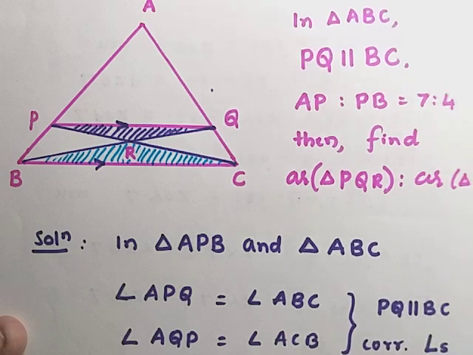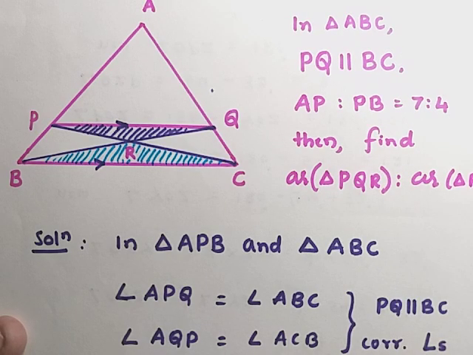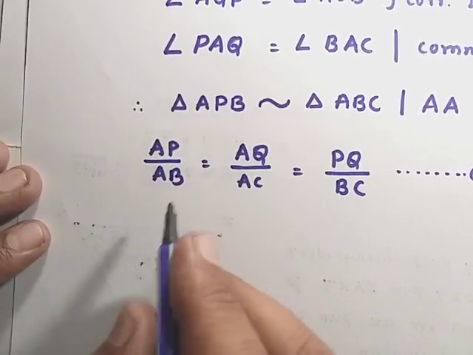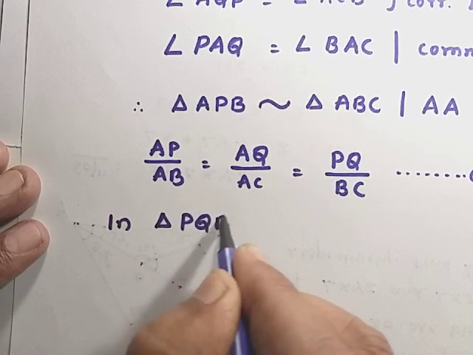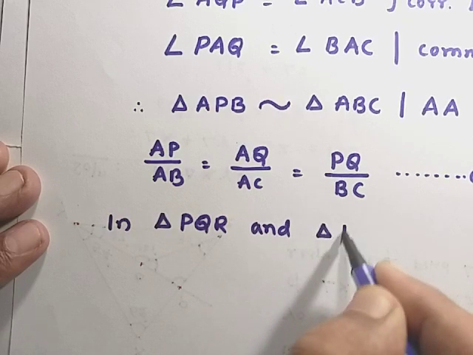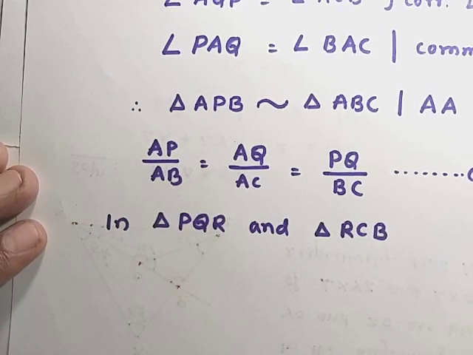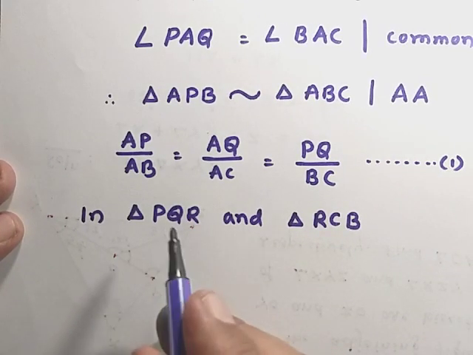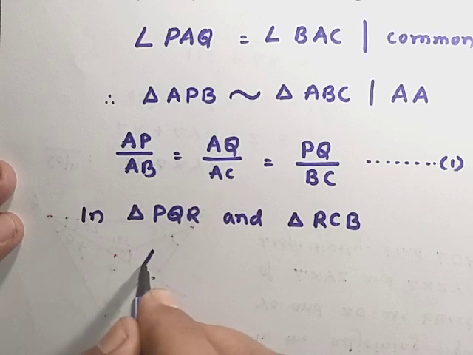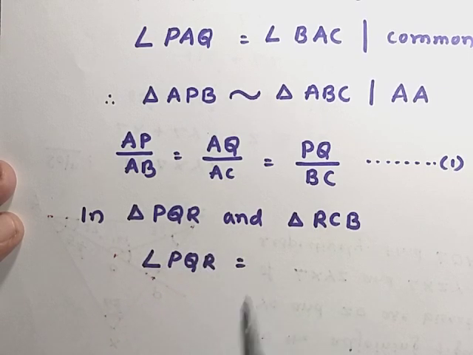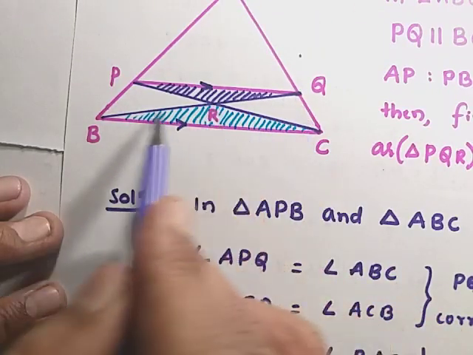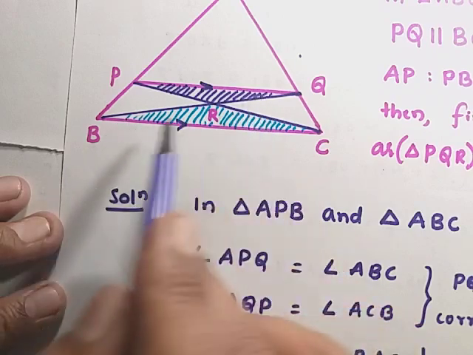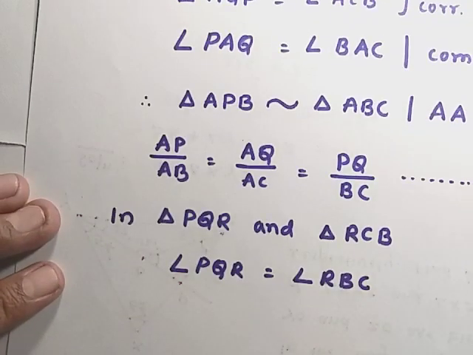In triangles PQR and RCB, angle PQR is equal to angle RBC because both are alternate angles.